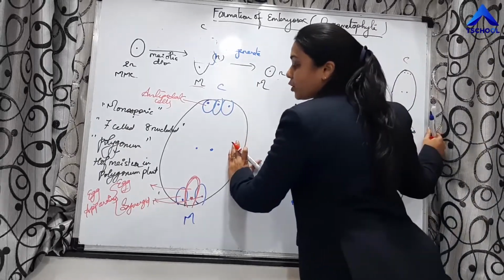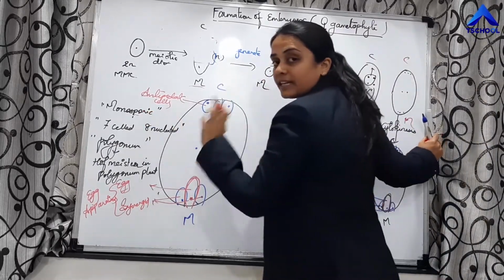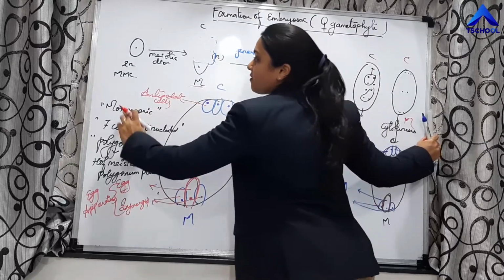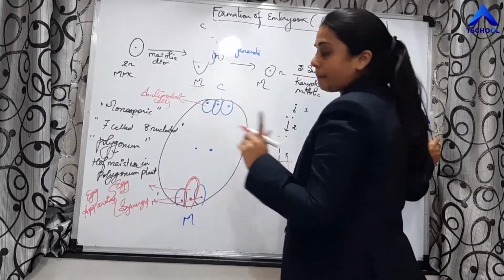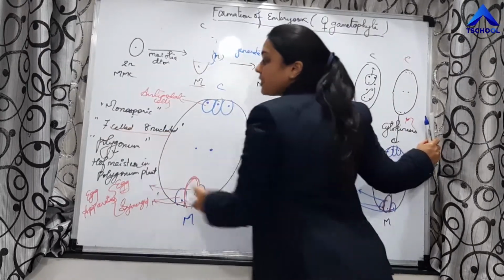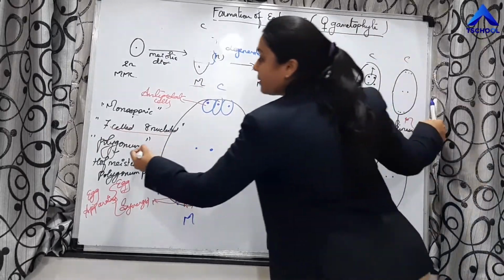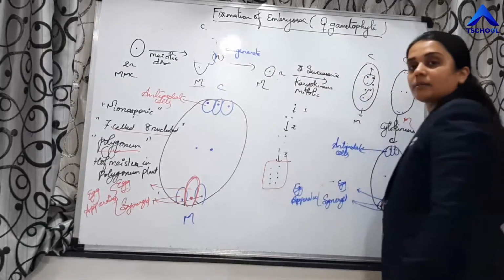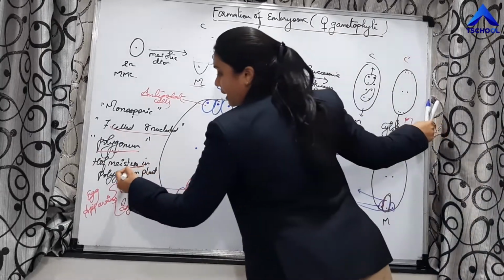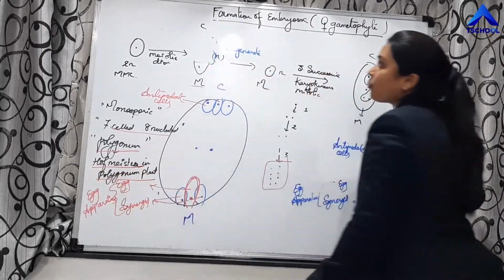So this is an embryo sac. It is a monosporic type. Why? Because it developed from a single megaspore mother cell. It is 7-celled and 8 nucleated, and it is a Polygonum type because it was discovered by Hofmeister in the Polygonum plant.